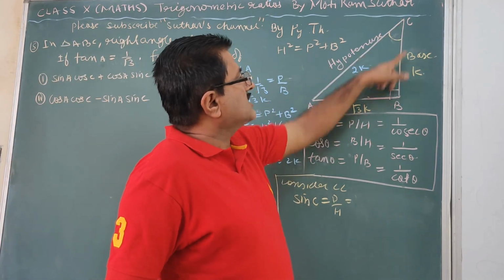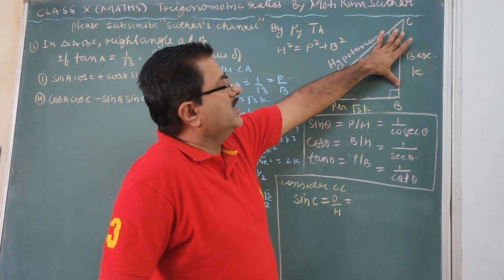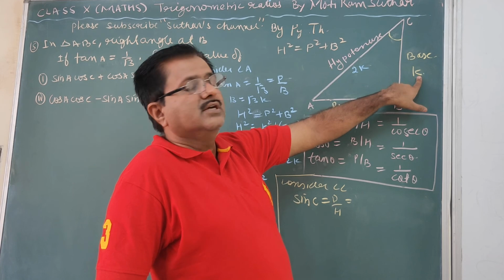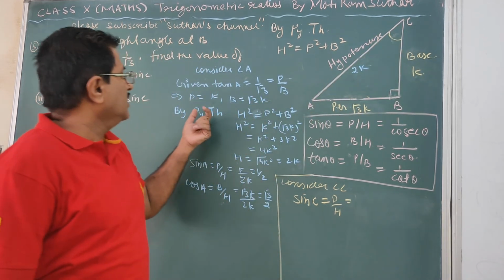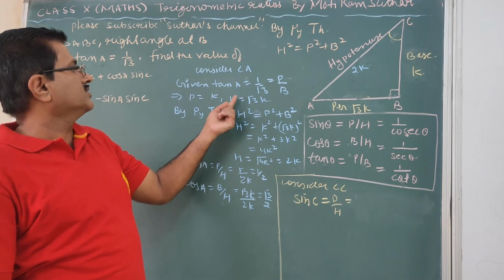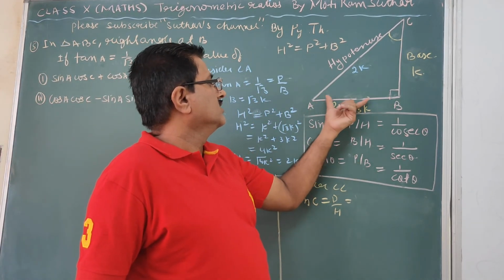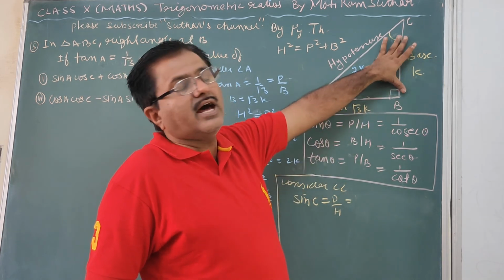So here the side is fixed. In the previous case we took BC as the perpendicular and we took it as k. So this remains k. There is no change in the side. Similarly, when we were taking base for considering angle A, that is root 3k, and the base was initially this one, so root 3k. Now this value or length of the sides of the triangle remains the same.